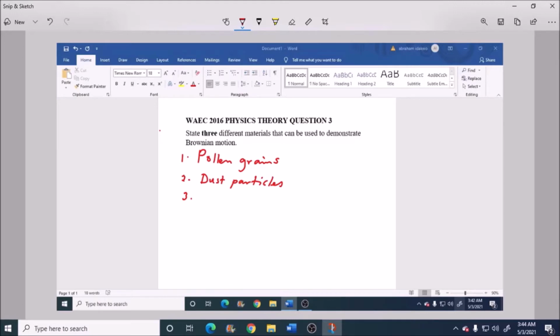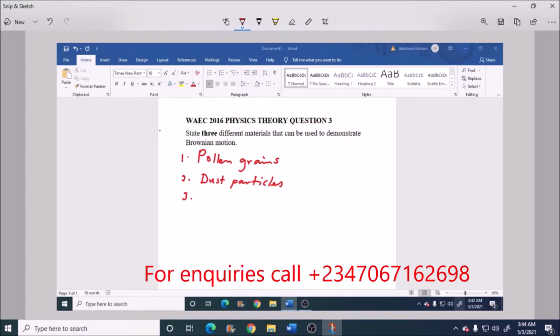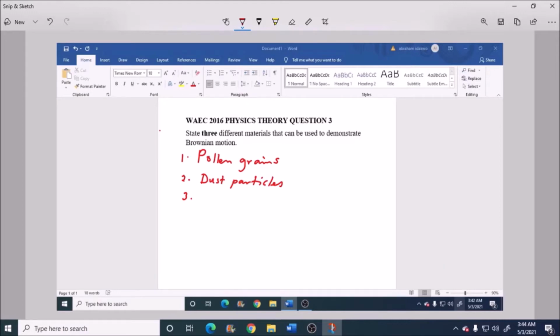We have number four, potassium permanganate crystals.